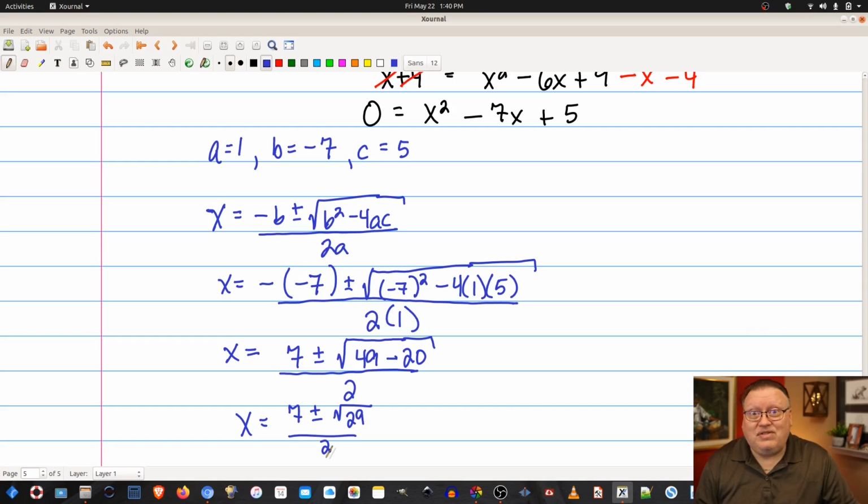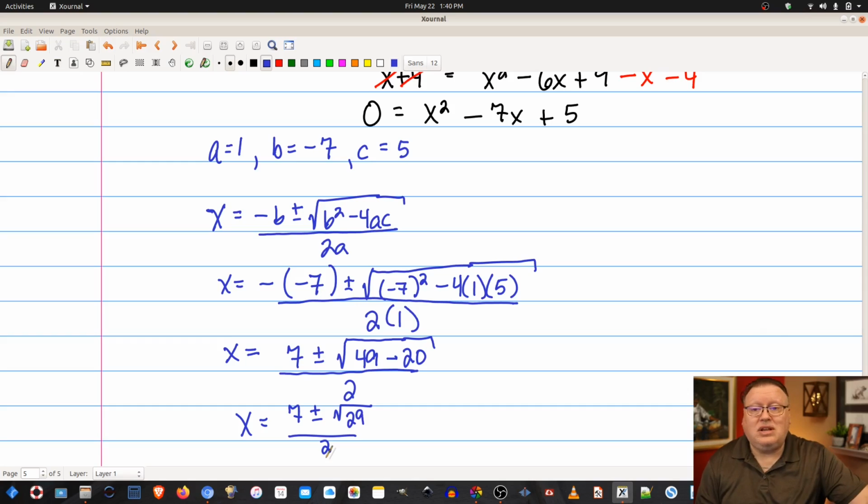So that's our x values. Now, if you look at this, 29 I can't simplify. 29 is a prime number, so it has no perfect squares in it, so I can't simplify that radical. So this is our final solution for x, and we need to check these and make sure they both work.